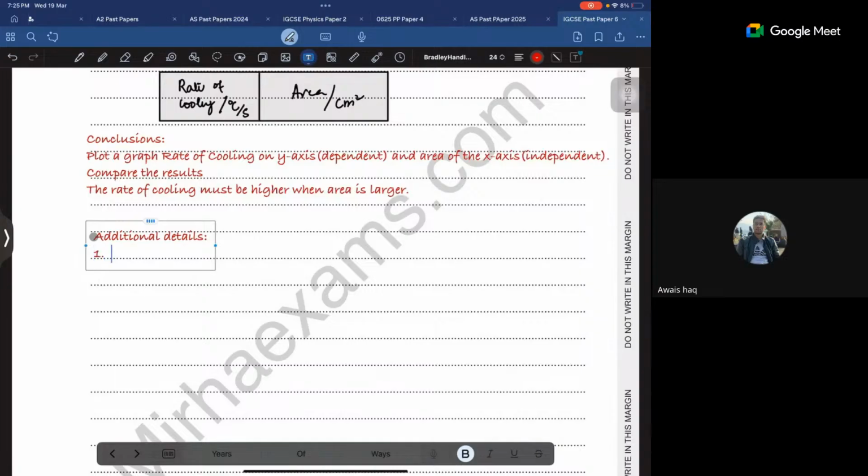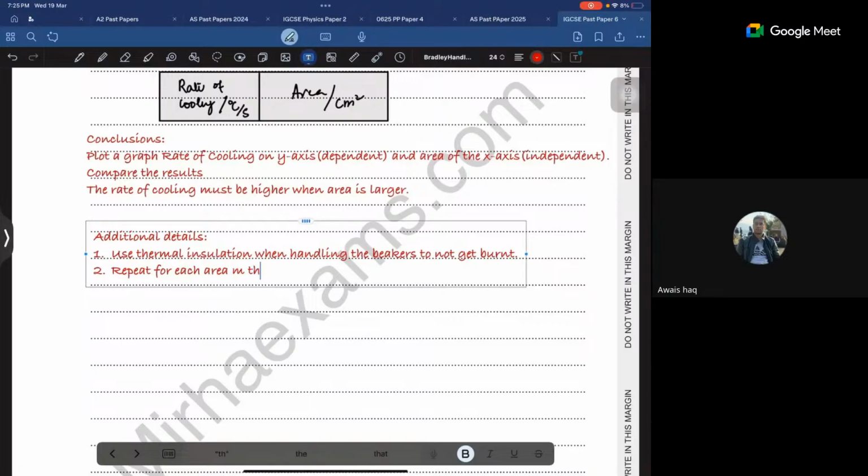First, write precaution, which is use thermal insulation when handling the beakers. Do not get burnt. Then repeat the temperature drop for each area, and take the average.